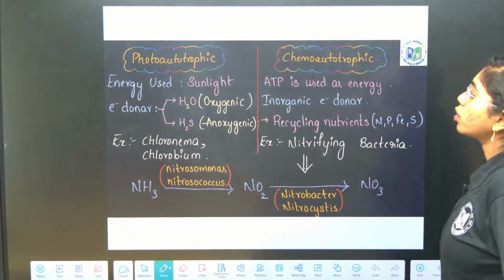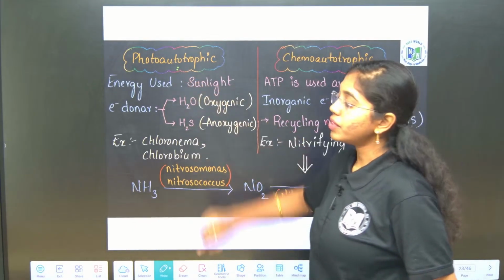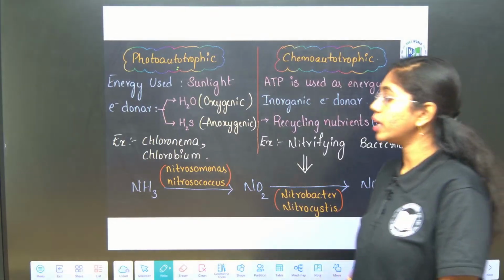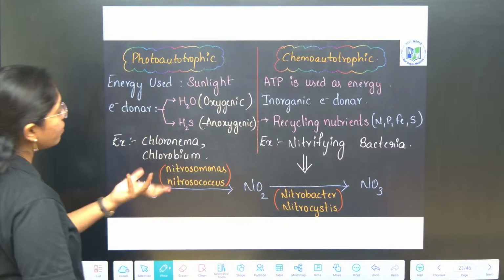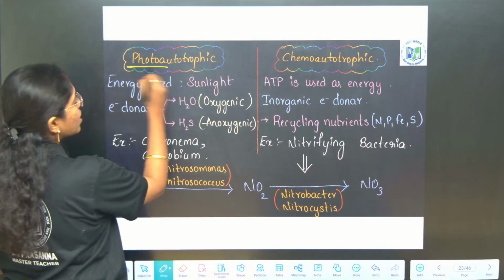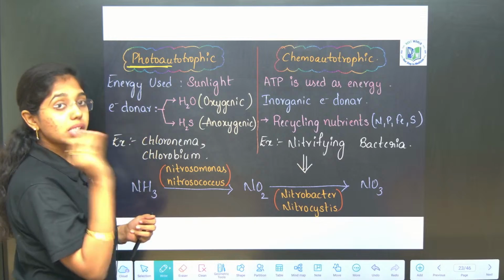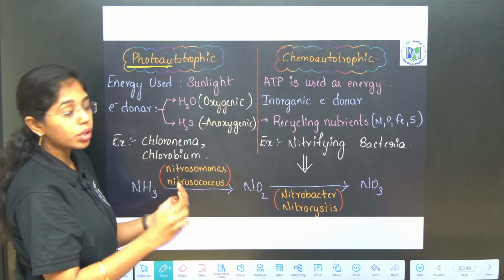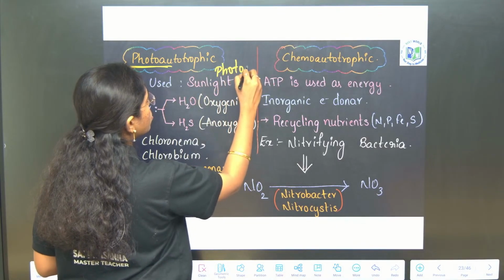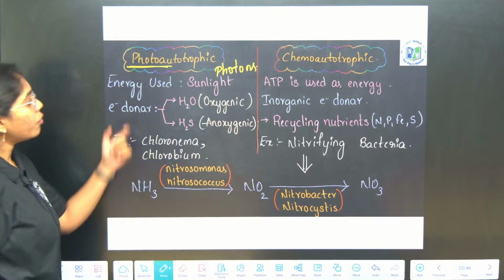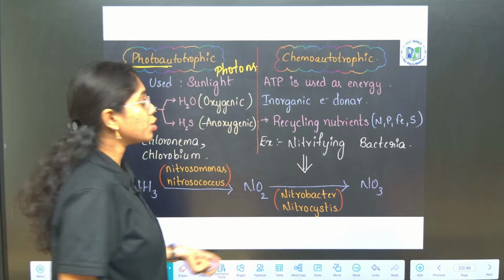Here you see photoautotrophic and chemoautotrophic modes of nutrition. The name itself is saying it, beta, there is no confusion here. Photo means what? Sunlight. So, the energy used over here is sunlight, in the form of photons. And in chemoautotrophic, what energy is used?